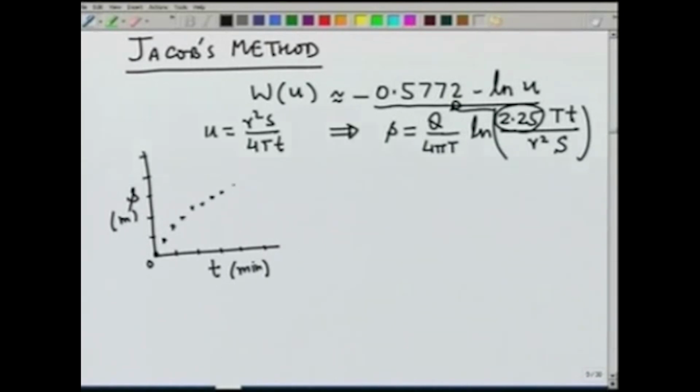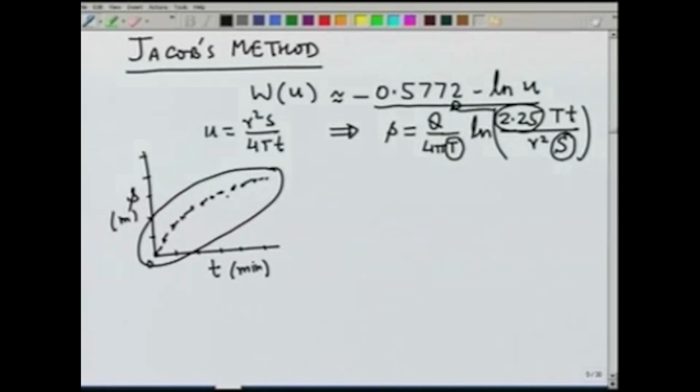The rate of increase will go down as we continue the pumping. So, initially the drawdown will be increasing at a fast rate, and then it becomes almost flat as we move away. So, the data available to us is this, and what we want is to estimate T and S.